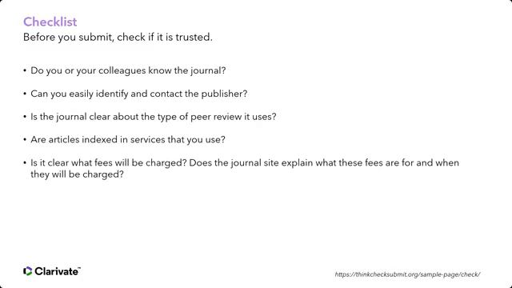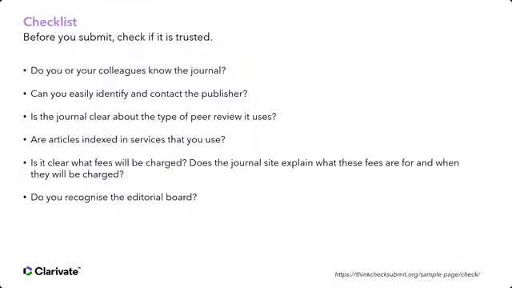Then is it clear what fees will be charged? So besides the article processing charges, some journals will collect additional fees for things like color processing and so on. So make sure that the journal declares what these additional fees are and when they will be collected.